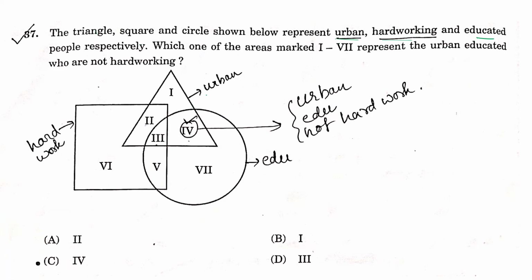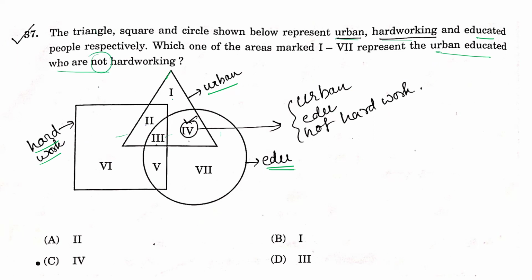So see, this triangle represents urban. The square represents hardworking. And the circle represents educated folk. Which of the areas marked 1 to 8 represent the urban, educated who are not hardworking?